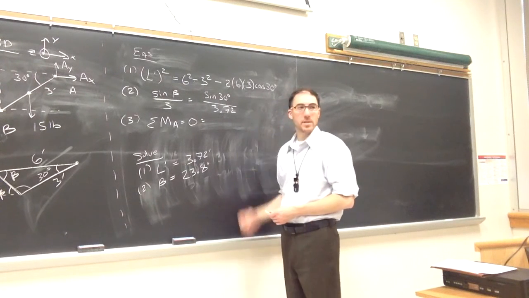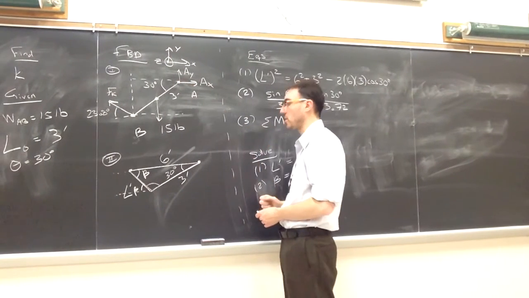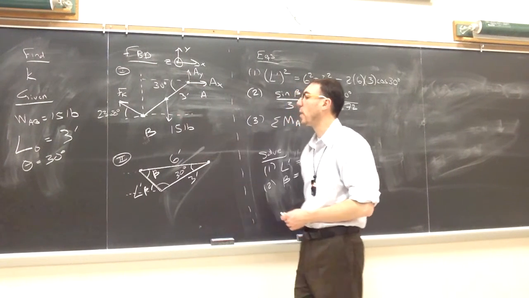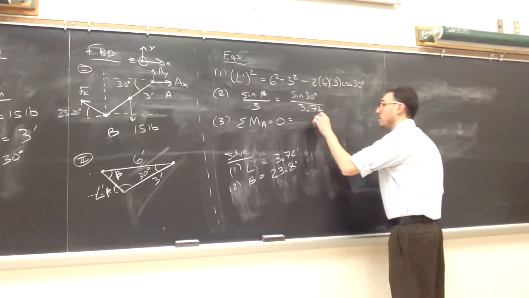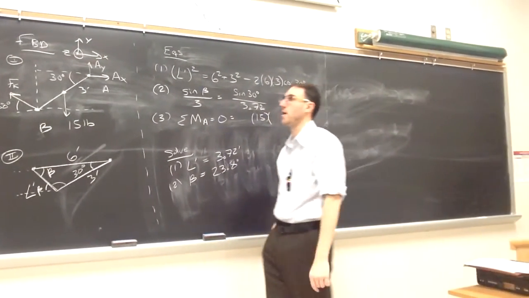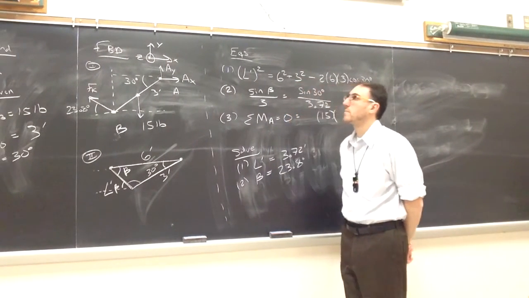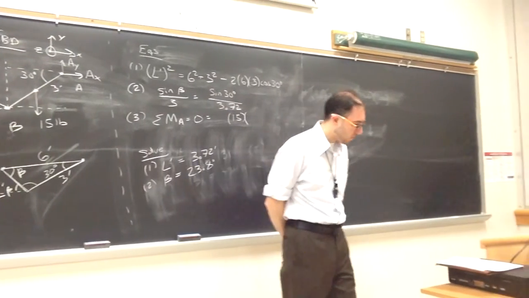Okay, so if we sum the moments around A, AX, AY pass through A, so they're not going to be in this equation. The weight will be in this equation. So it's going to be a magnitude of 15 pounds. And how far is the 15 pounds from point A? Is it 1.5?